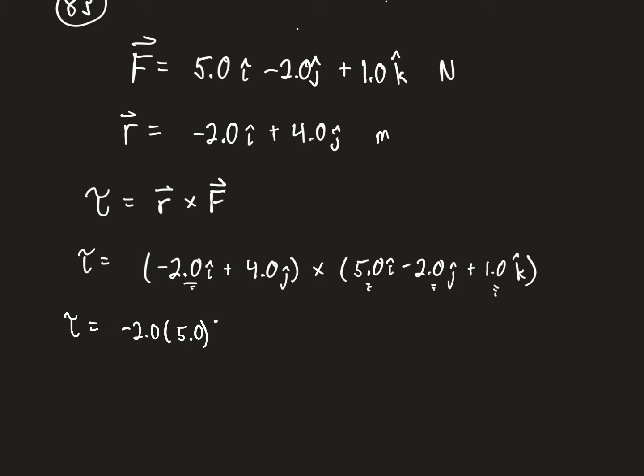And then I need to do I hat cross I hat. I multiply the 2 and the 5, just straight up multiply those, and then I have I cross I. The directions are where you need to do the funky stuff with the right-hand rule.